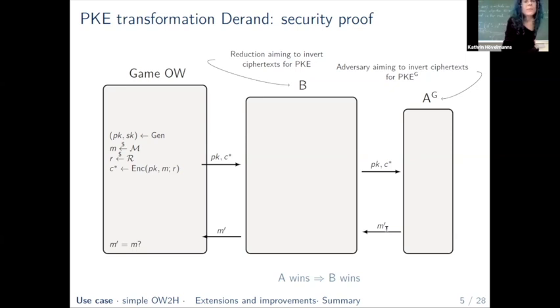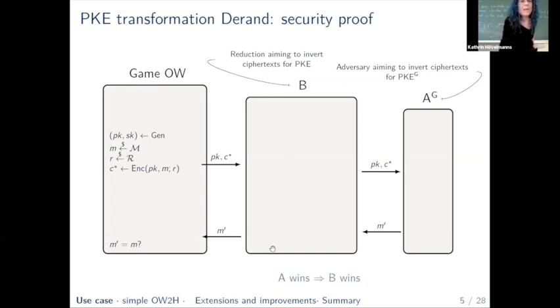And what we do now is to give a reduction that simply takes as input a public key and a challenge, forwards it to the adversary, and returns the same message guess as the attacker. And if we think about it, if we have a ciphertext C star that's an encryption of a message M, and A wins, then it has returned this message M, meaning that if A wins, B also wins.